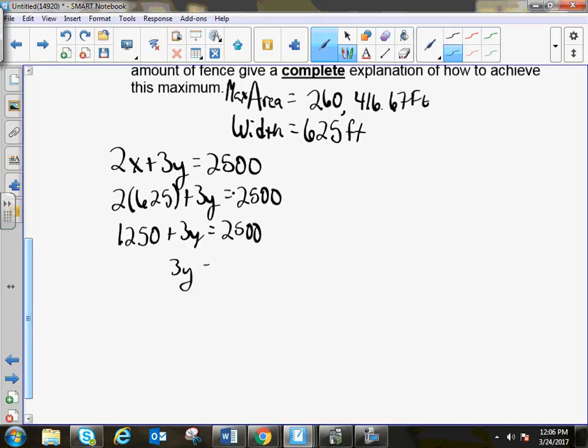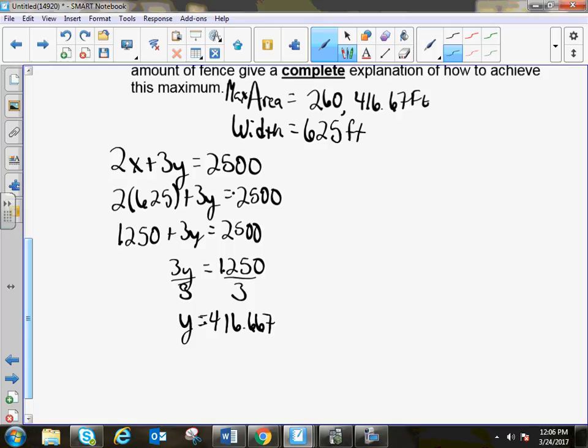So 3y, and I subtract, equals 1,250 divided by 3. I believe that's going to give you 416.667.